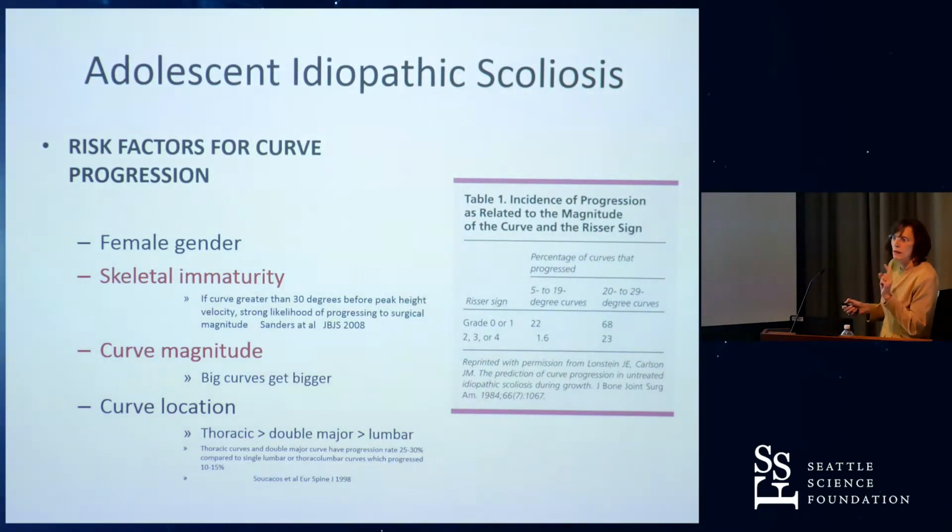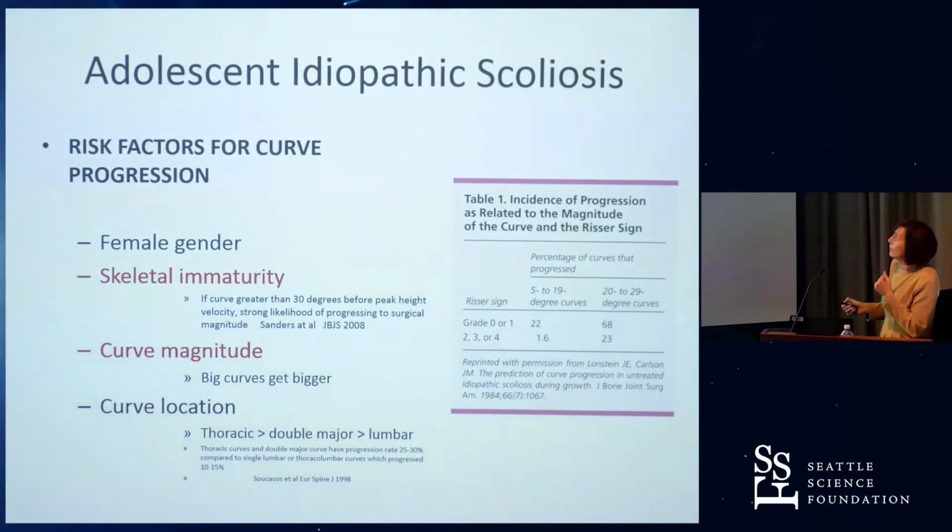Of note, you become Risser 1 at about the time of menarche. Of note, though, you have your peak height velocity before menarche, and so this really doesn't differentiate anybody before that. If, however, you've got a curve between 20 and 29 degrees and you are skeletally immature, that curve has a high likelihood of progressing.